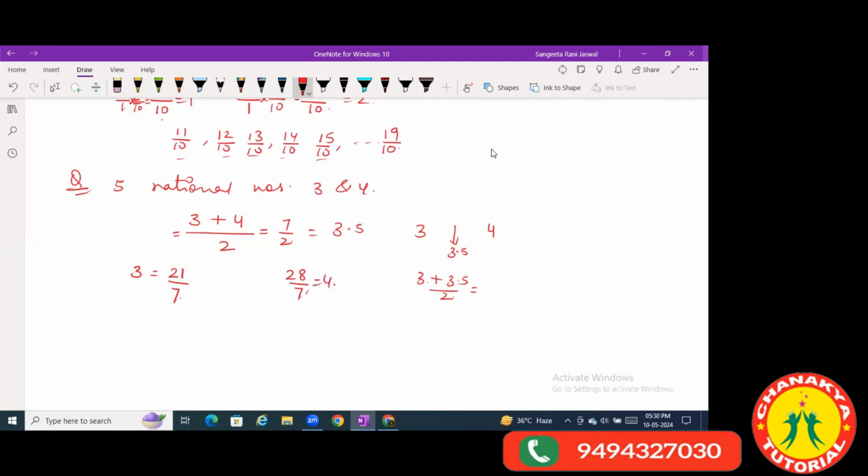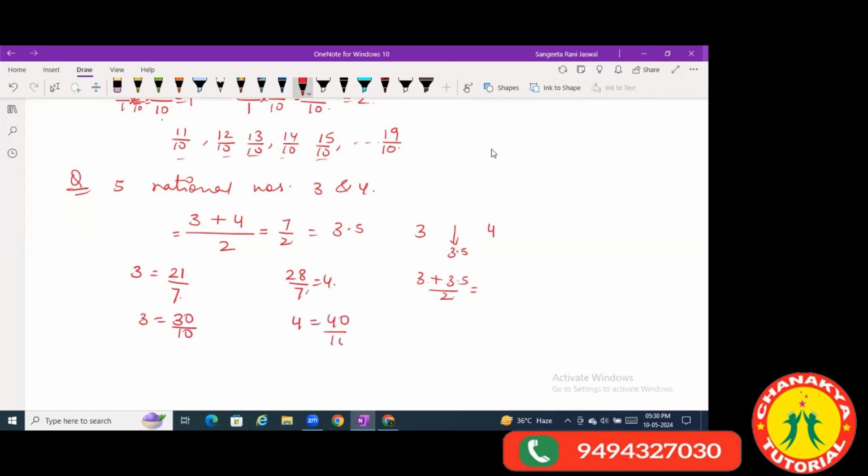Are you understanding this? Yes, Pranav? Okay. Now see, I could write 3 like this also, as 30 by 10, and I can write 4 as 40 by 10.